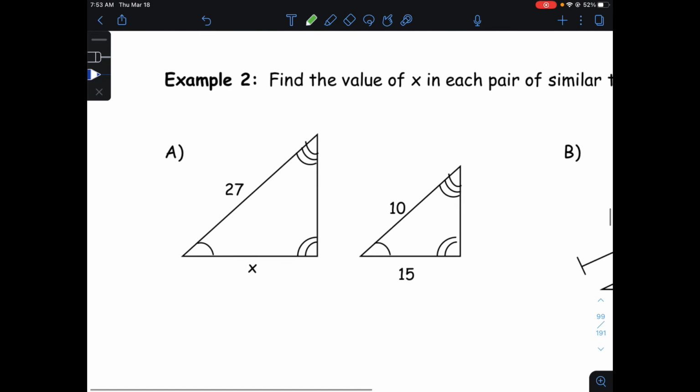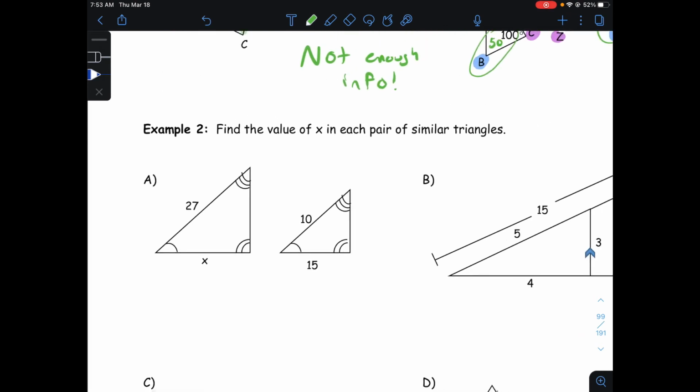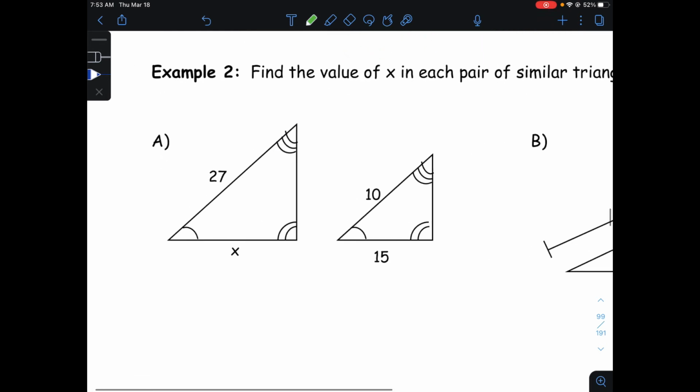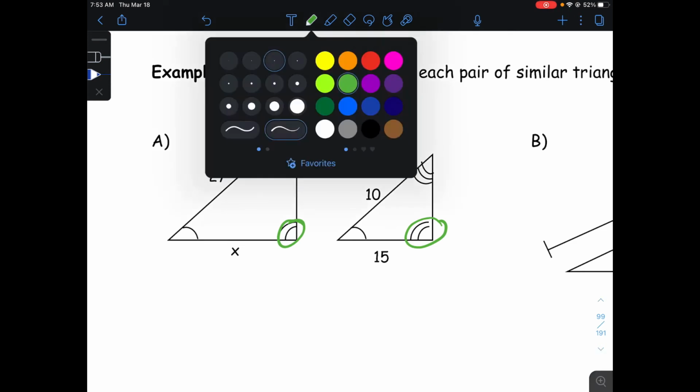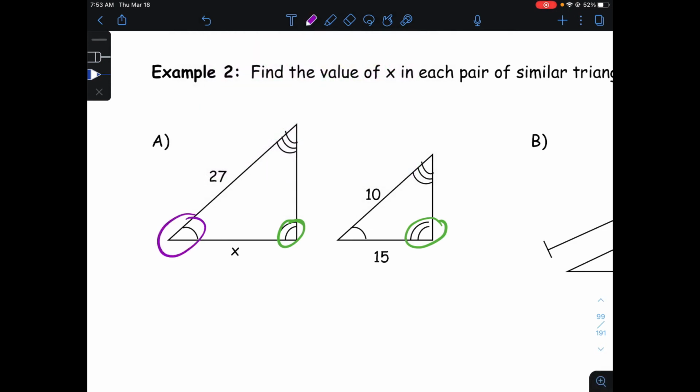So let's go ahead. It says find the value of X in each pair of similar triangles. All right, so we have to go ahead and try and set up a proportion. Now, for this one, they didn't give us a similarity statement, okay? However, if we look, you see how these two angles are congruent, right? And these two angles here are congruent.